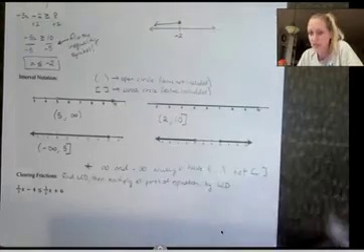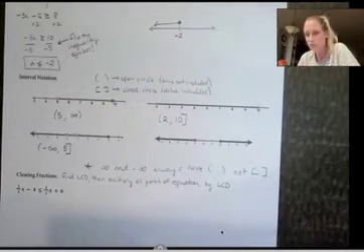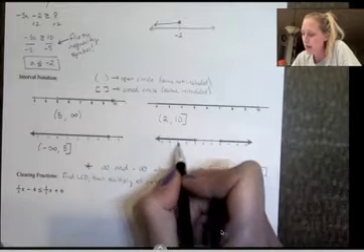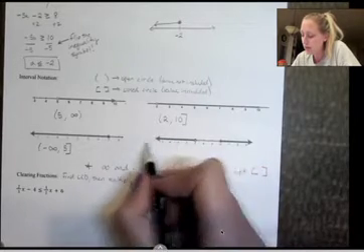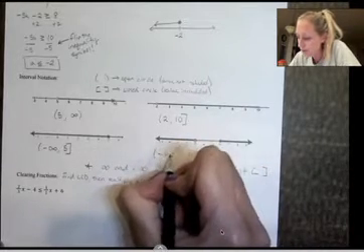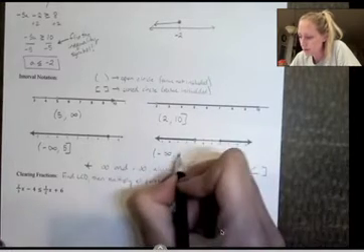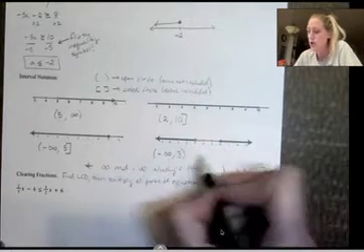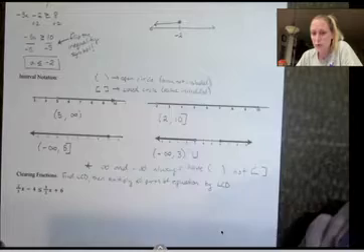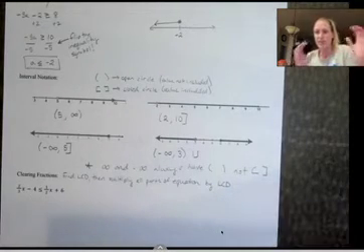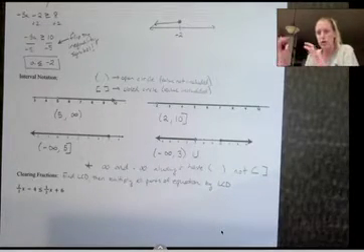Now this has two different pieces, so I'll show you what we use here. We have, again, going to the left forever, so negative infinity, and it goes up to 3 but does not include 3. We use what is called a union symbol. It's saying I have solutions here or here.